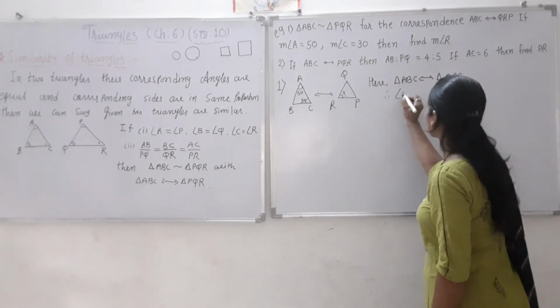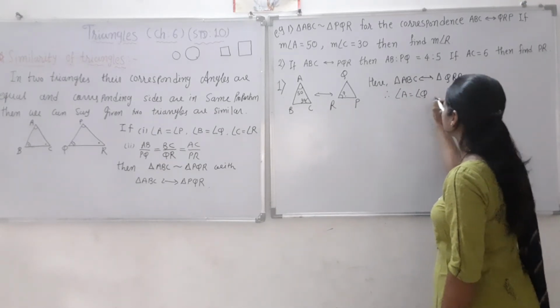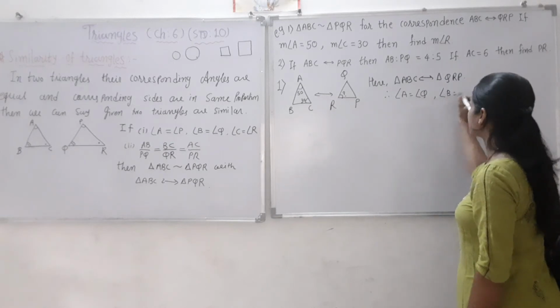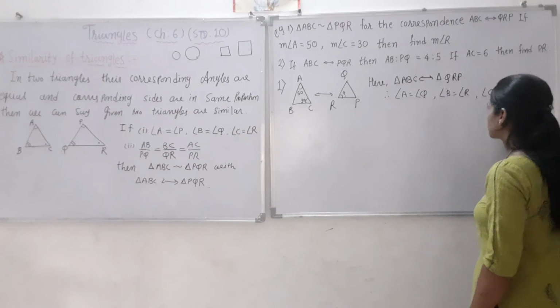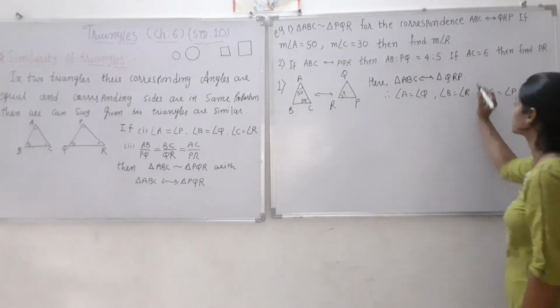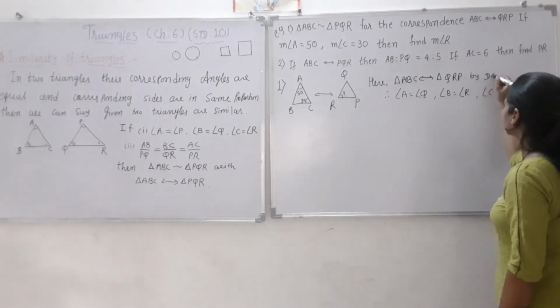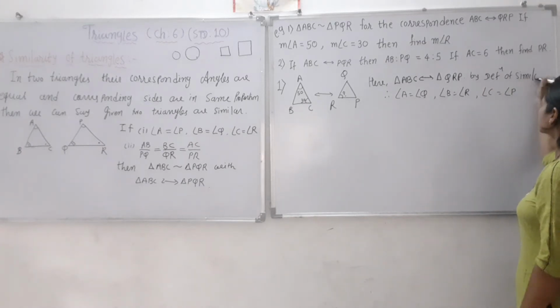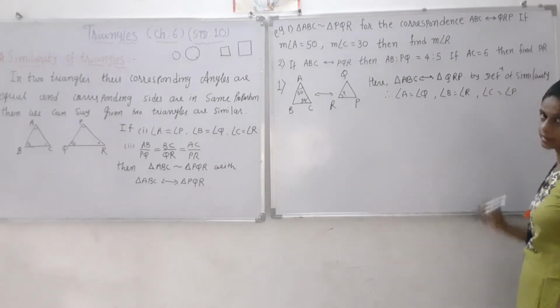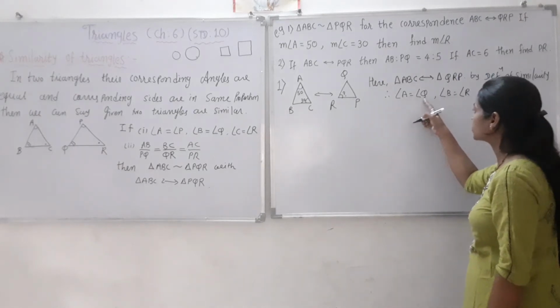Therefore, angle A is equal to angle Q, angle B is equal to angle R, and angle C is equal to angle P. How does this come? By definition of similarity.